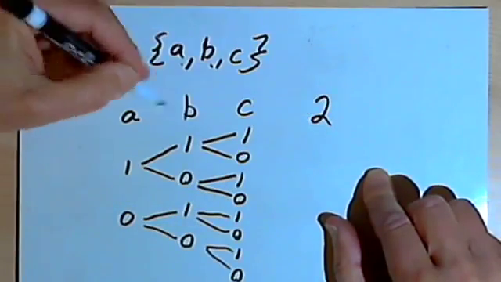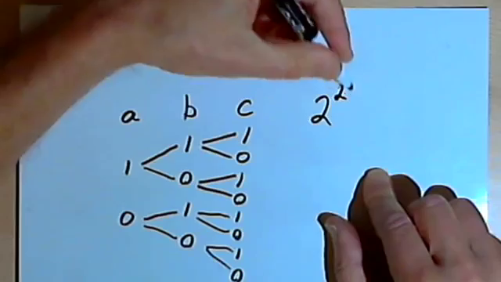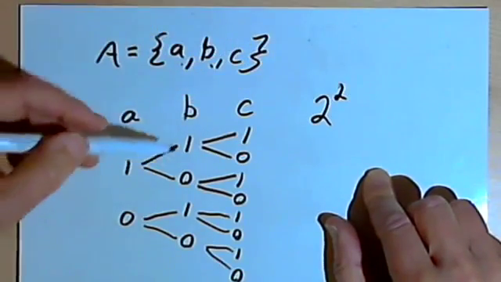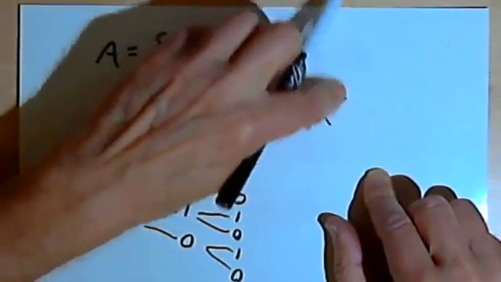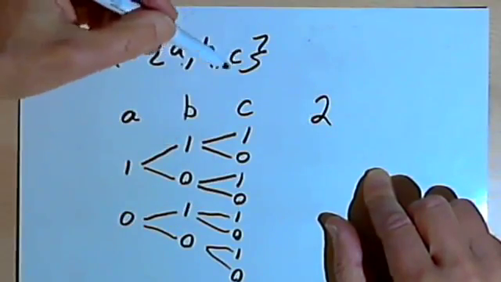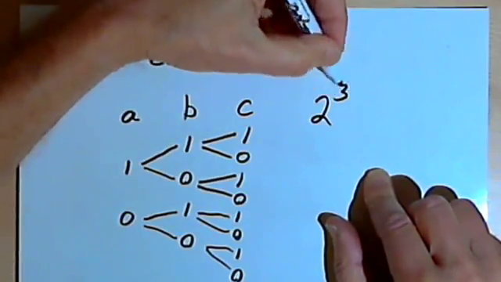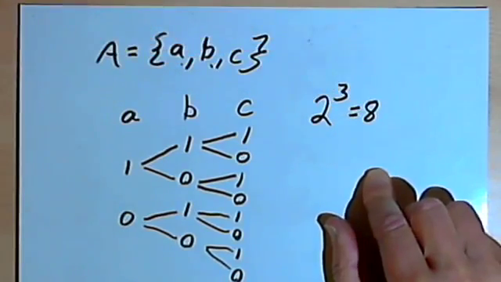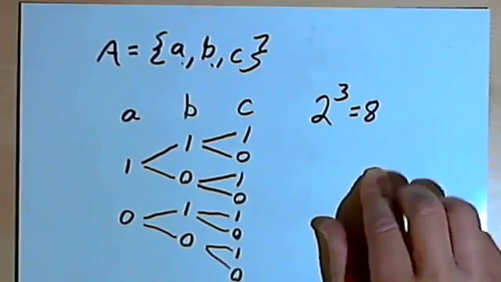When I had an A and a B, I now have 2 elements. 2 to the second power is 4, and there were 4 possibilities. When I added the C and I had 3 elements, I have 2 to the third. 2 to the third power is 8, and there are 8 possibilities.